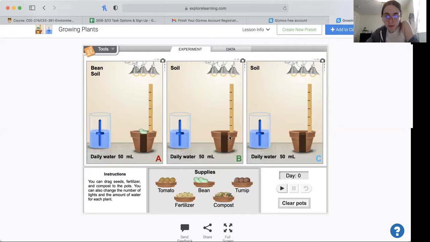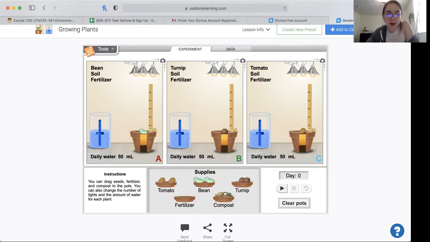I'll put a turnip in this one, and tomato. Maybe I'll put two turnips. Okay, and then a tomato over here. Now we do fertilizer. And then compost, that's the last thing.